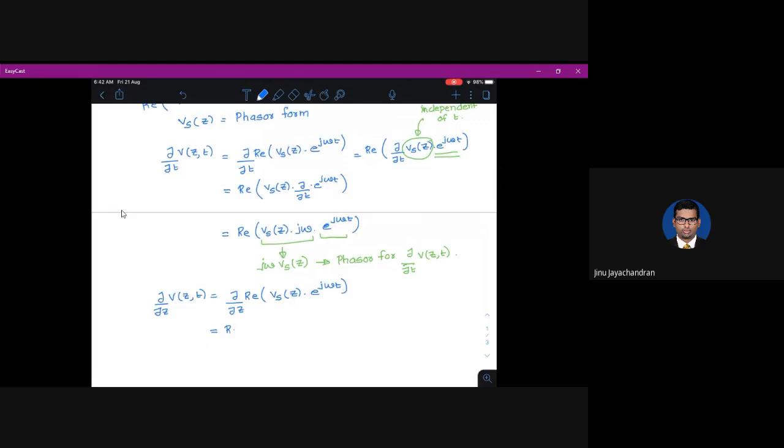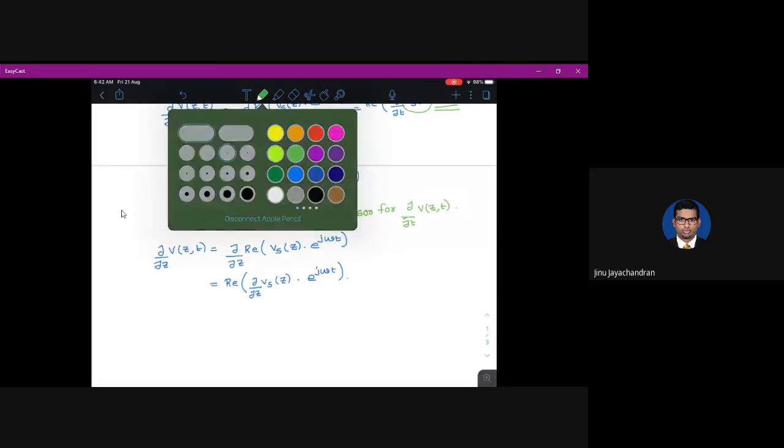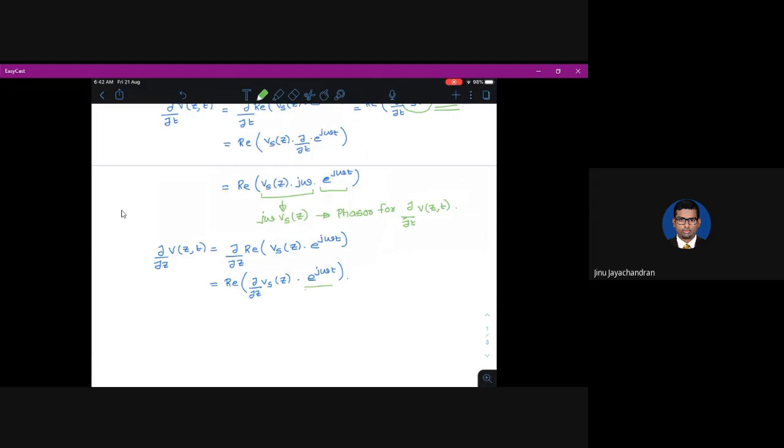So this is real part of dou by dou z Vs of z into e raised to j omega t. So if you look here, e raised to j omega t is independent of z. So that will be a constant when you differentiate with respect to z.